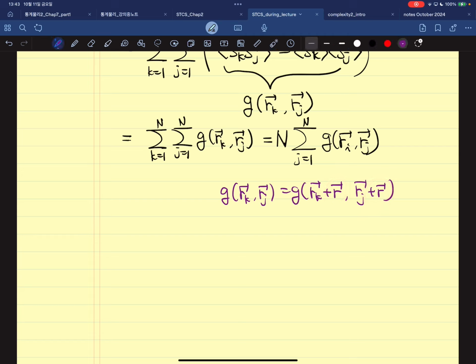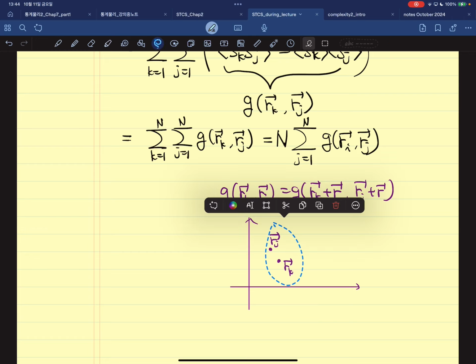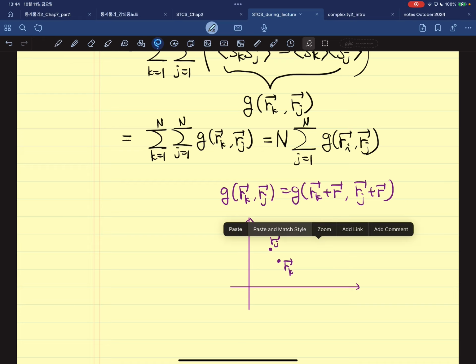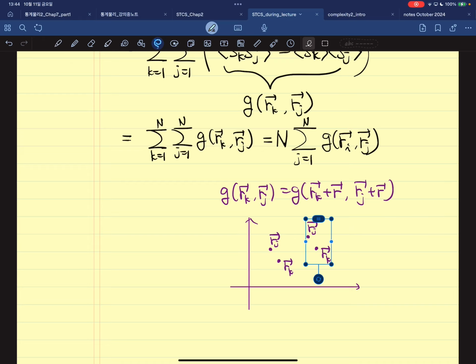It's easier to draw this. For example, in a two-dimensional system, instead of this correlation between R_k and R_j, what's the role of this translational vector R? Instead of calculating this, I should not move this; we can just move it around like this.